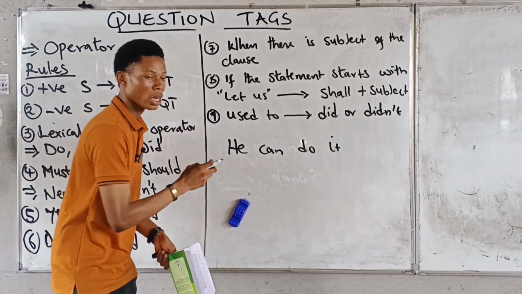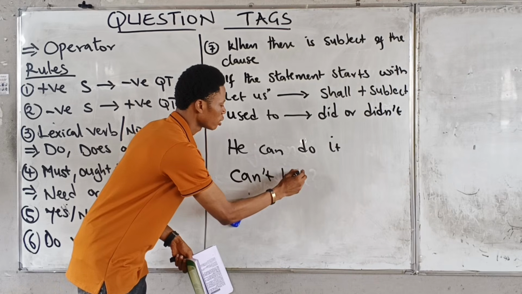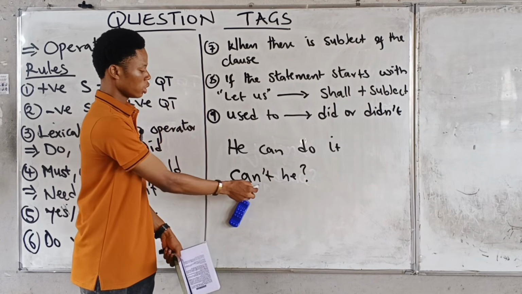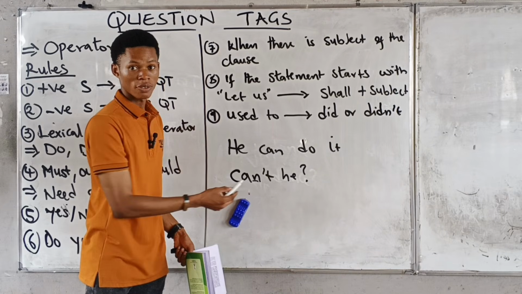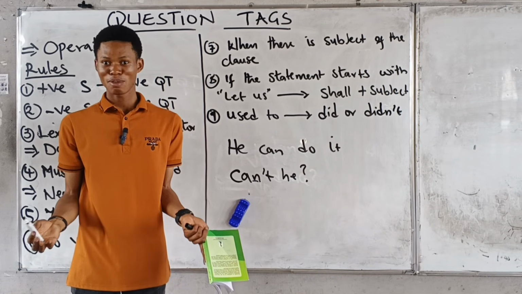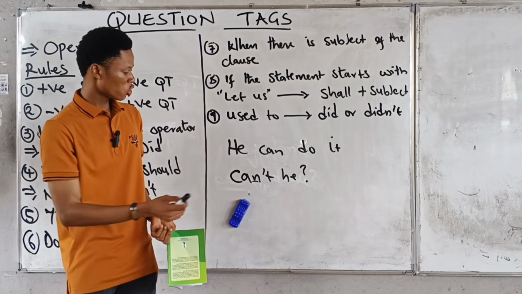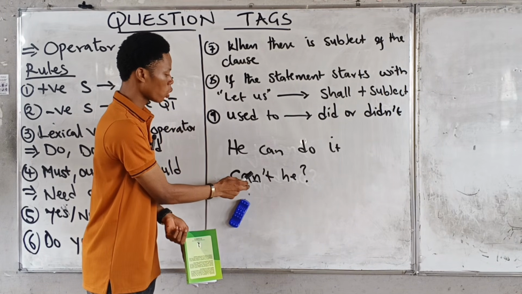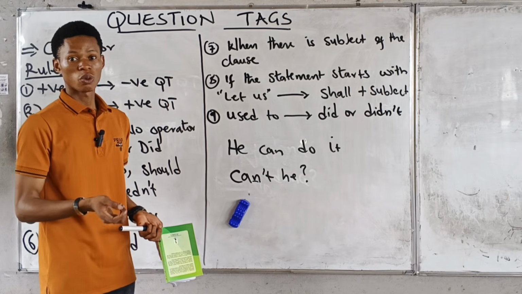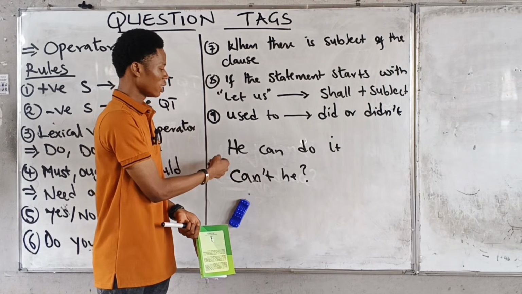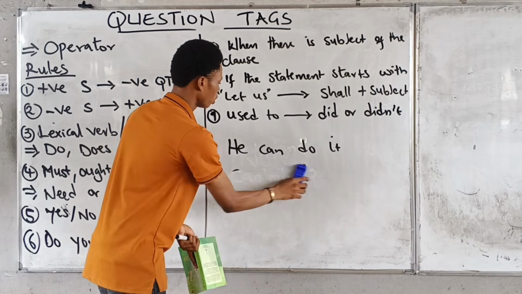"He can do it, can't he?" This "can't he" is the contracted form of "cannot he." So if you say "cannot he," you are correct, right? People will be looking at you, but it's correct. It's just the contracted form of it. So, "can't he?" Yes, he can.